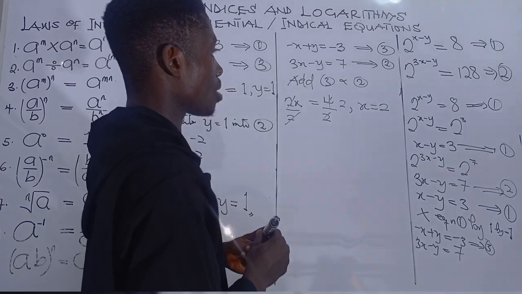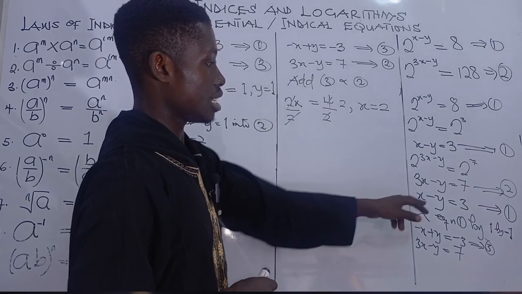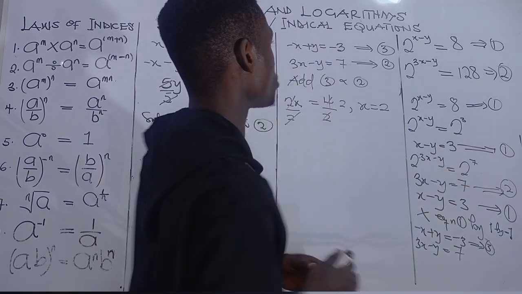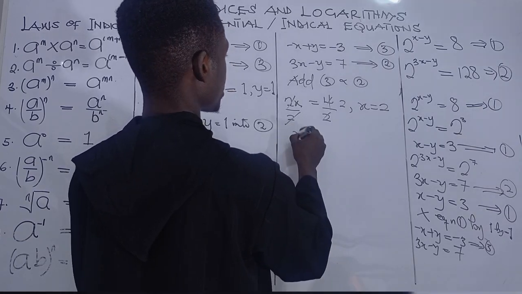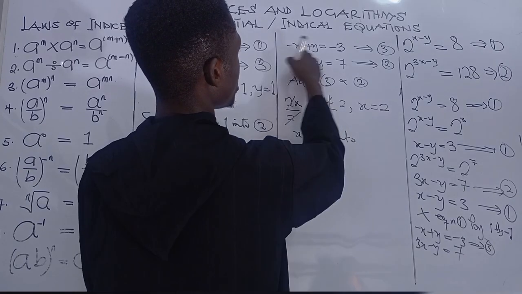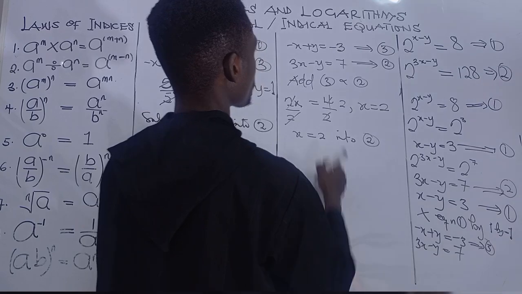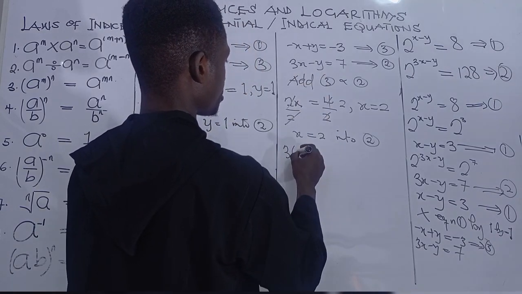Now once we have one of the variables, we can substitute them into any of the equations. Let's substitute it into this equation 1 or equation 2. So we are substituting x is equal to 2 into equation 3 or equation 2. So we have 3, our x is what?